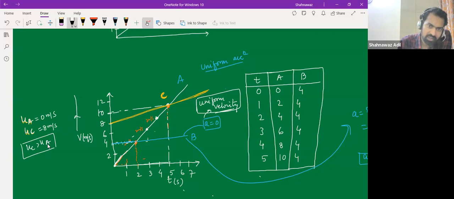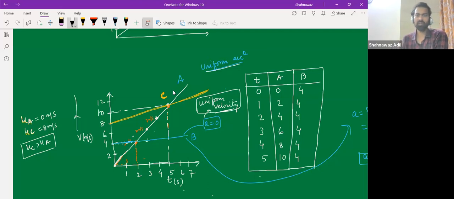Now, if I ask you who has the larger final velocity, VC or VA? Let's say at this point we are calculating. So C and A. A is uniform acceleration. Is C a uniform acceleration?